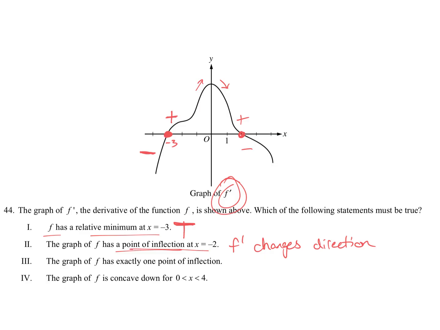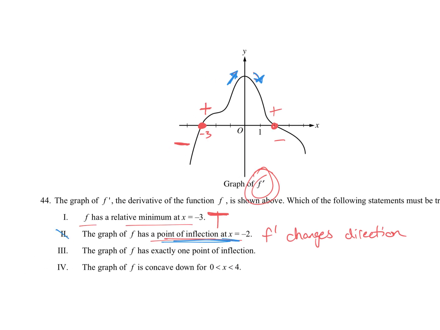And it looks like we have a change in direction for f prime right here at x equals 0. But not at x equals -2. The graph has exactly one point of inflection. Yes, at x equals 0, f prime changes its direction. So that's another true statement. So we like 1, we like 3.